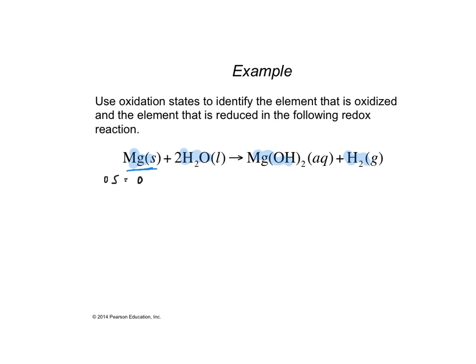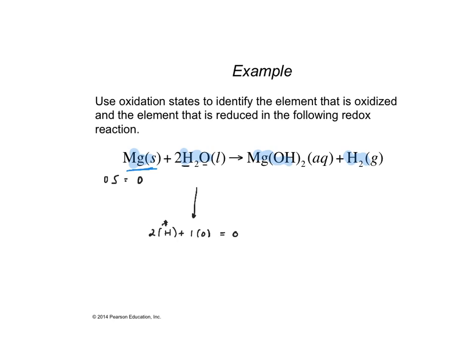Okay, so then if we move over to our other reactant, we've got water. Water is a compound. There are 3 atoms in that compound, and again, it's going to sum to an overall neutral compound. So we've got 2 times the oxidation state of hydrogen plus 1 times the oxidation state of oxygen equal to 0. Between hydrogen and oxygen, hydrogen is more predictable.